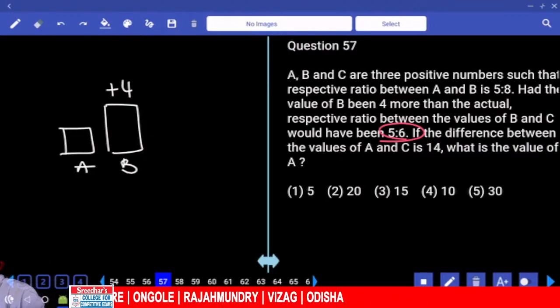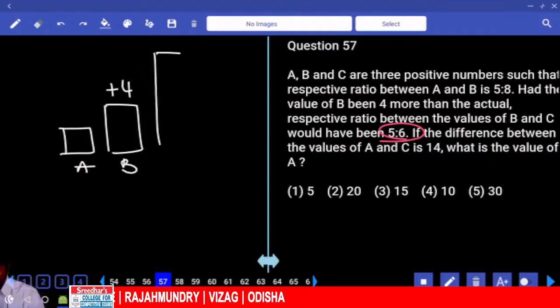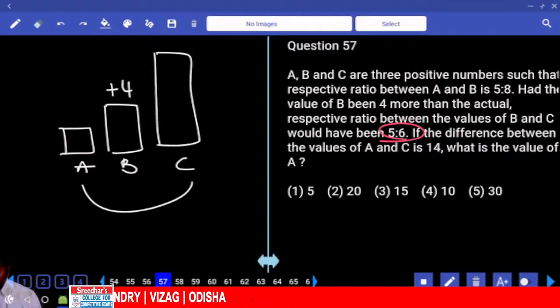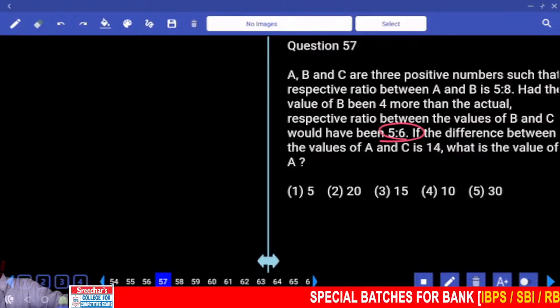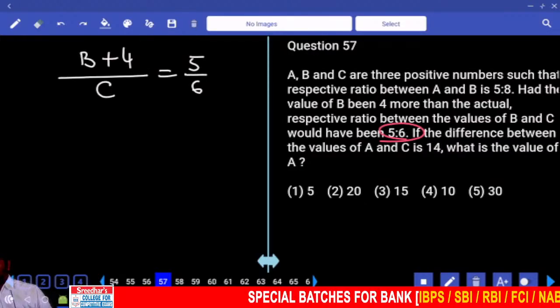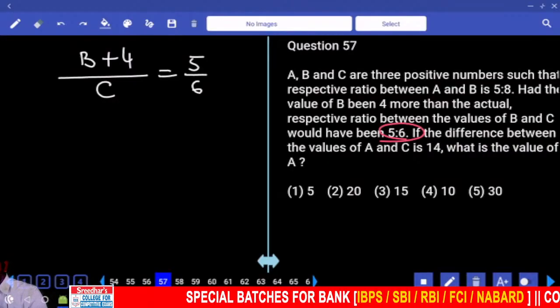Who is more? C is more. So between A and C, who is more? C is more. Who is less? C is how much more? 14. A is how much less? 14 less.